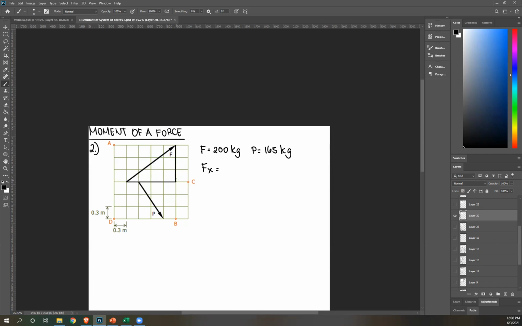Just count the number of sides. The base is 1, 2, 3, 4, so 4 units for its base, and its height is 1, 2, 3, so 3 units as its height. You don't have to multiply it by 0.3 since this is just a ratio. If you simplify things, you'll still get 4 base and 3 height. So let's note that out: 4 base, 3 height.